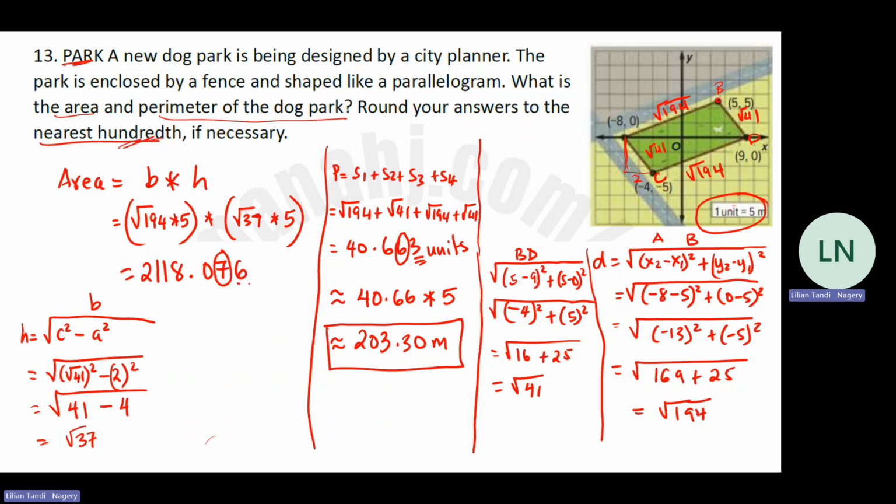We circle 7, we underline 6, we add 1. Our answer is 2118.08 meters squared. Okay?